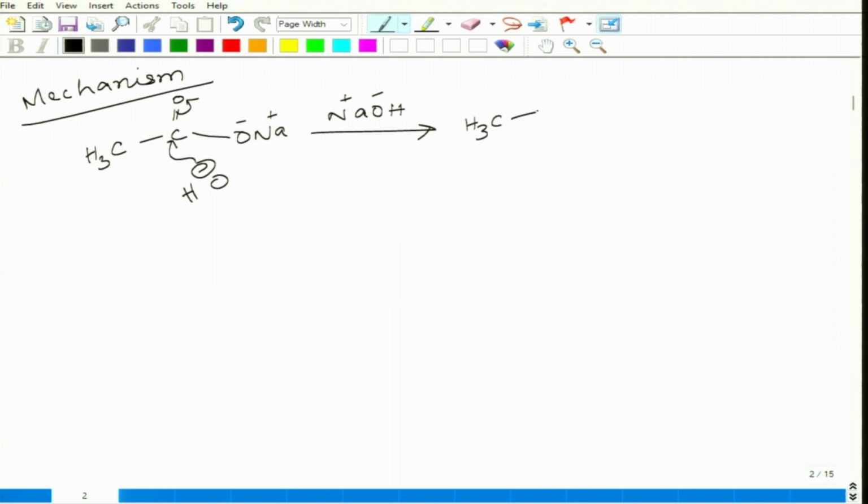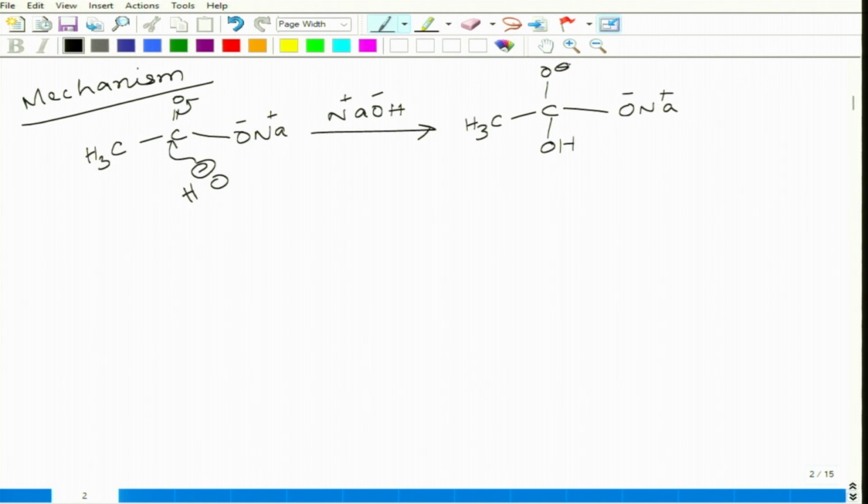When this C double bond O breaks, there will be a single bond between C and O, and these electrons will come as the negative charge on the oxygen, and OH is bonded to this carbon, and ONa is present as it is. In the next step, what will happen?